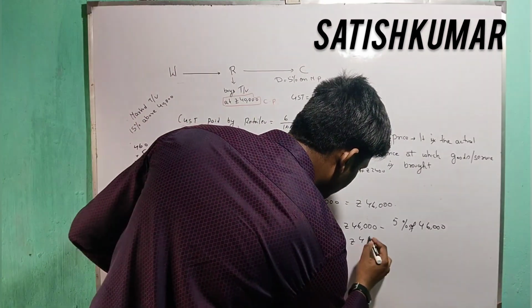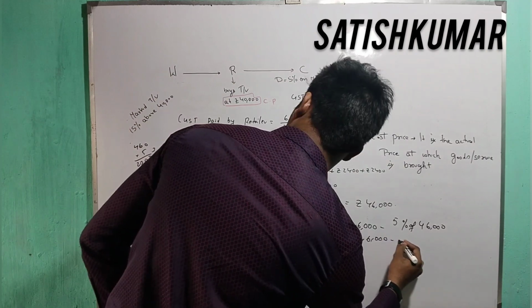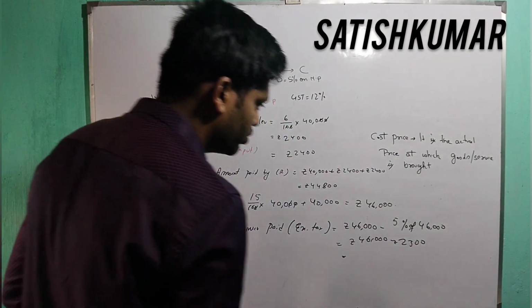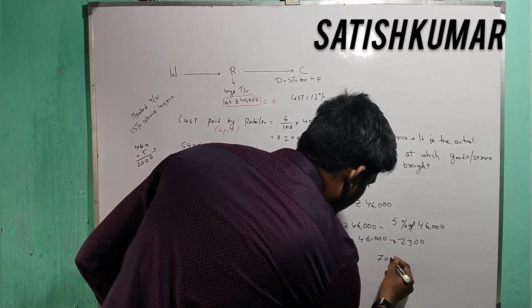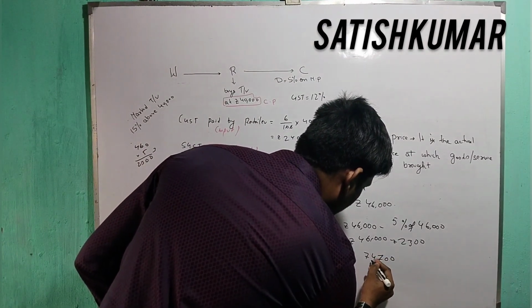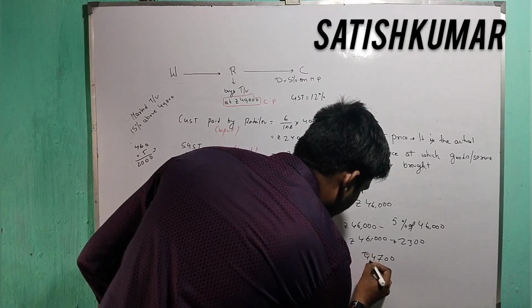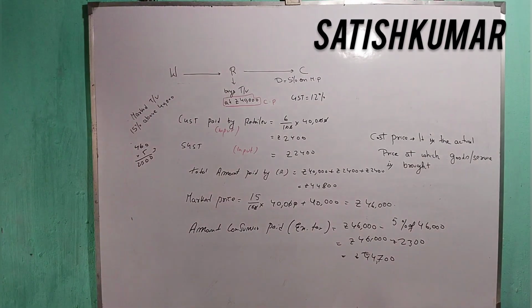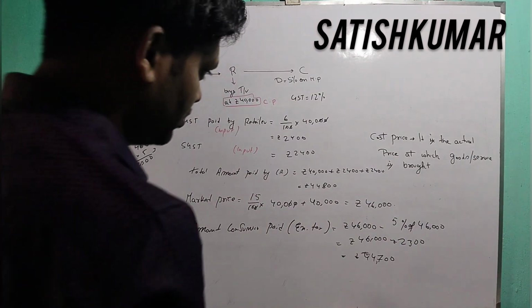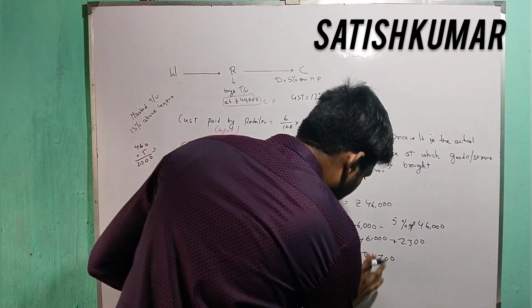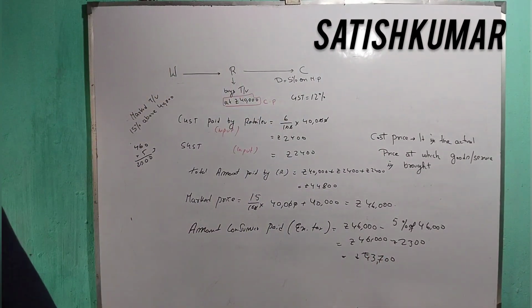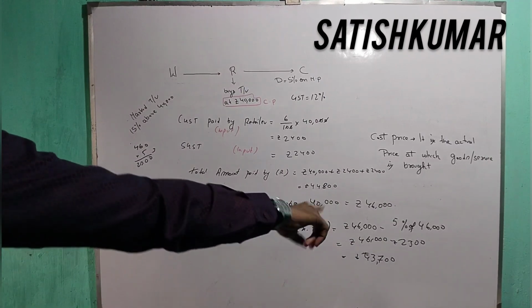So rupees 46,000 minus 2300. Please check your answer. It is 43,700. Okay, 43,700 is the price.